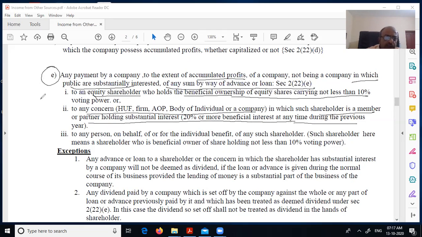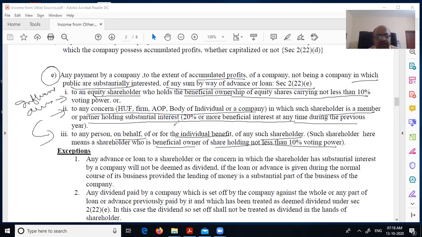That means all these are people who can influence the decision, because they are holding at least more than 10%, here more than 20%. Then, if it is to any person on behalf of or for the benefit of any shareholder, that means you are not giving directly to them but to somebody known to them. Such shareholder here means a shareholder who is the beneficial owner of not less than 10%.